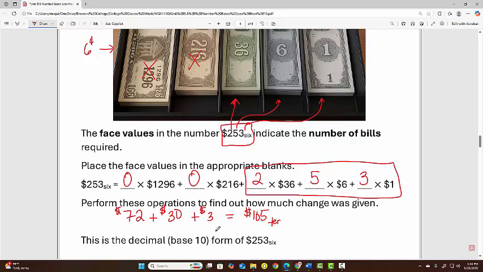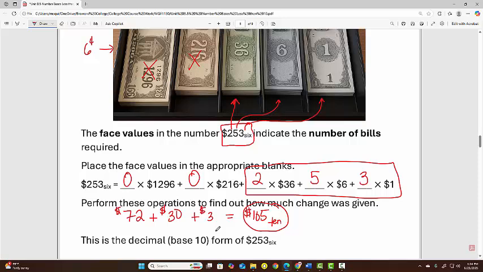Now this is actually in base 10, our usual number system. So $253 in base 6 sounds like a lot, but actually it's only $105 in our base 10 number system. Primarily because instead of having bills with denominations 1, 10, 100, we have only 1, 6, and 36.